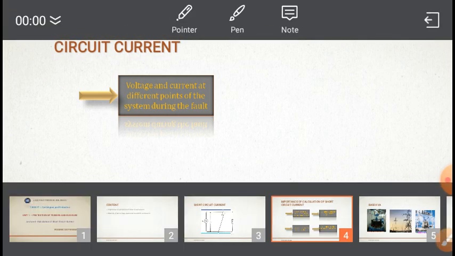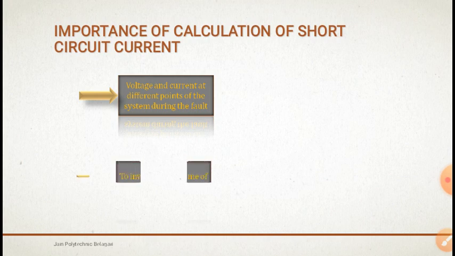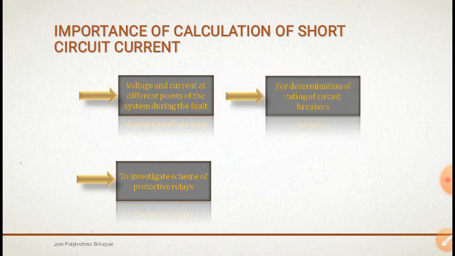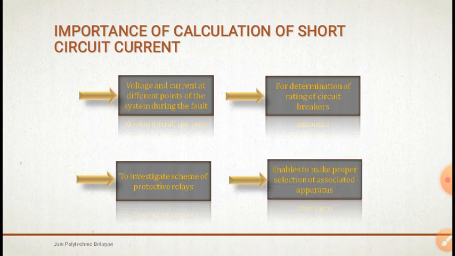The second is that it is useful for investigating the scheme of protective relaying. It is useful for determination of rating of circuit breakers. And the last point is that it enables us to make the proper selection of the associated apparatus, for example bus bars and circuit breakers, so that they can withstand the forces that arise due to the occurrence of short circuits.